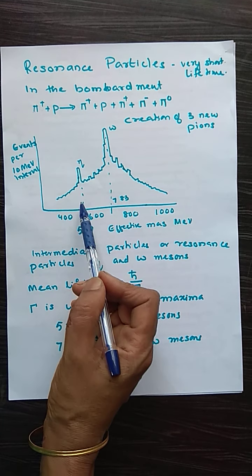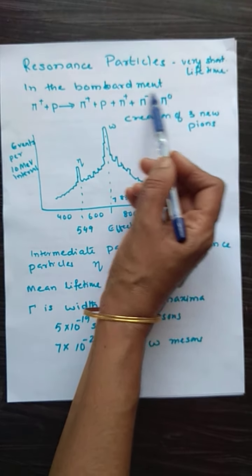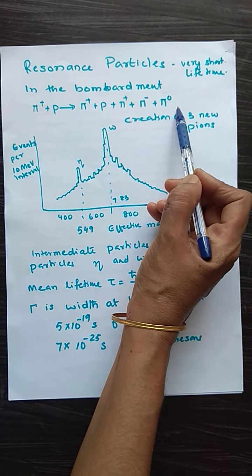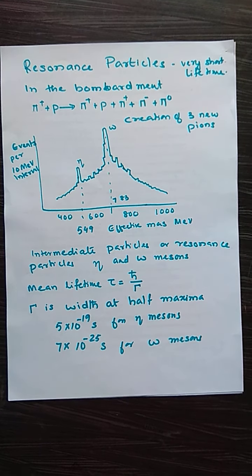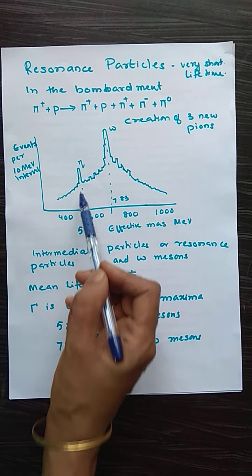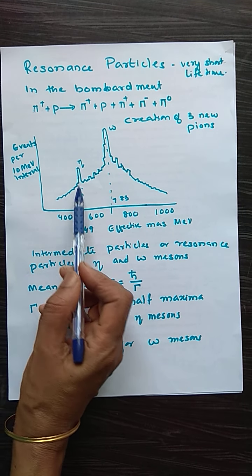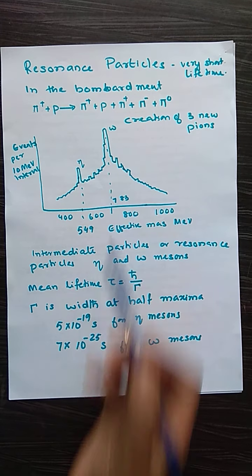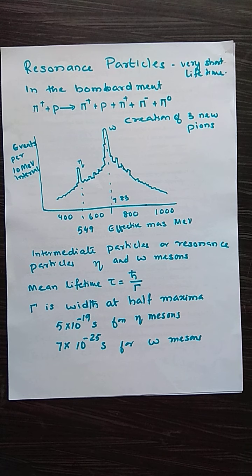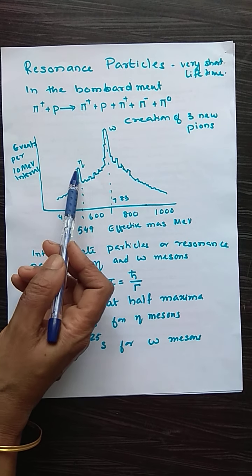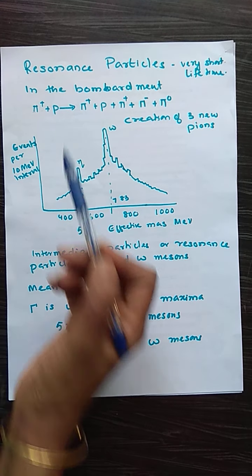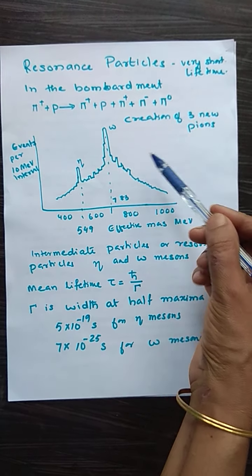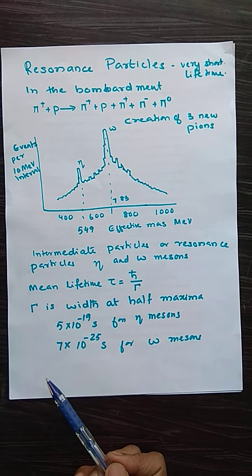But finally you are getting pions as the output product. So what it means is that some intermediate particles are being generated at this energy. They decay into the corresponding pions later on. These intermediate particles have a very small lifetime. We can call them eta particle and omega particle, or eta mesons and omega mesons.